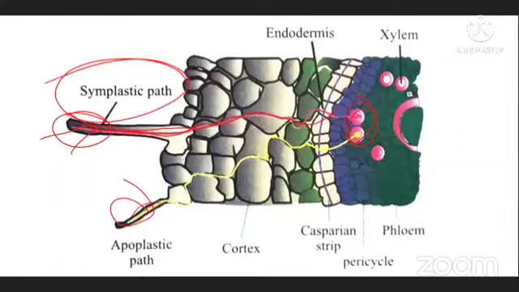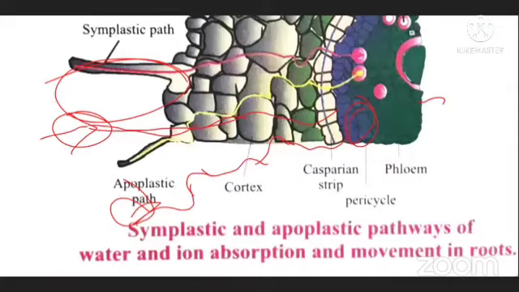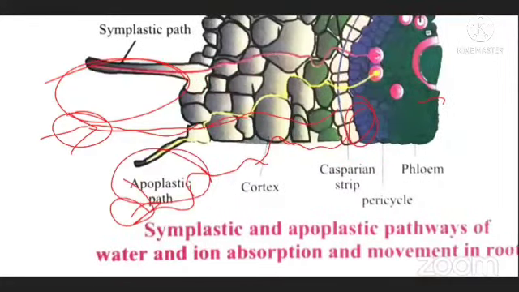Next, the yellow color line. Observe clearly. This yellow line is the way of water between the intercellular spaces only. It does not cross the cell membrane. So this type of water transport is known as the apoplastic pathway.